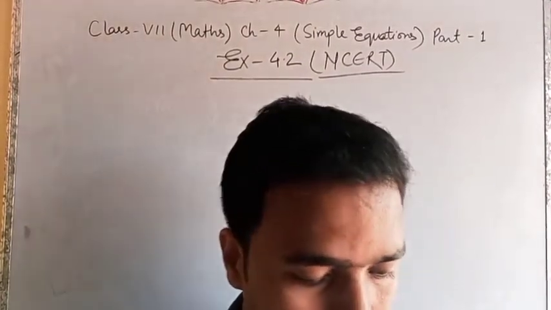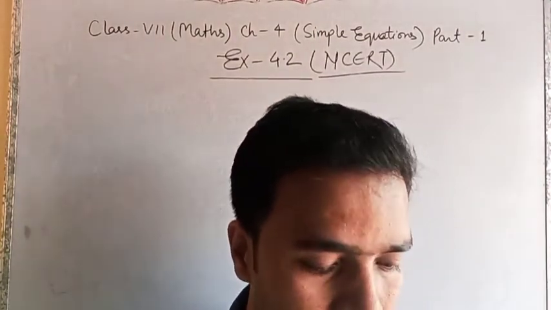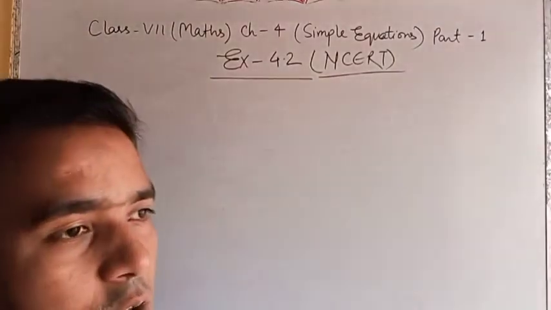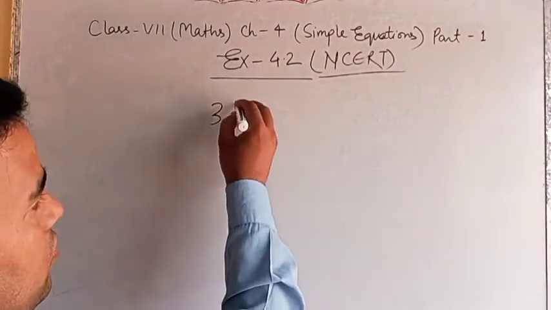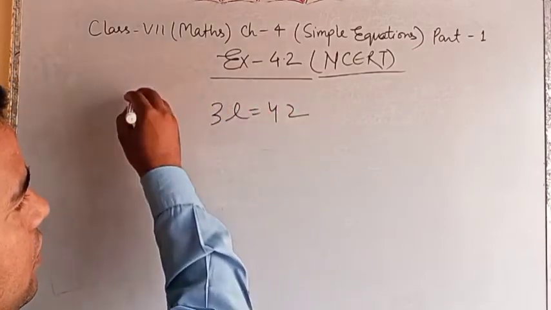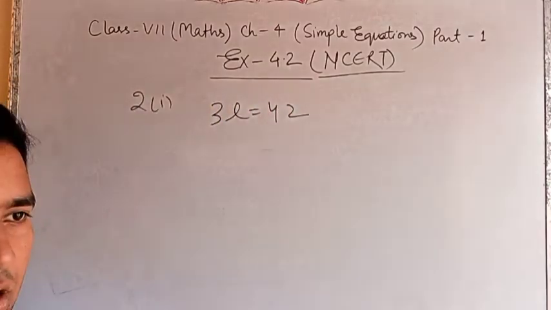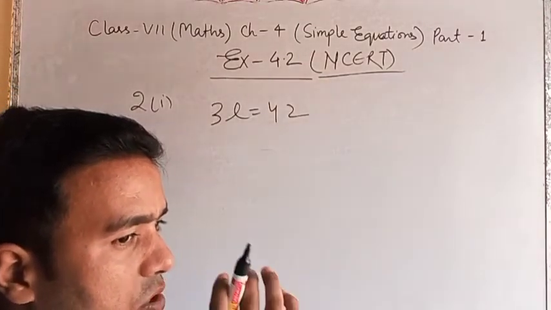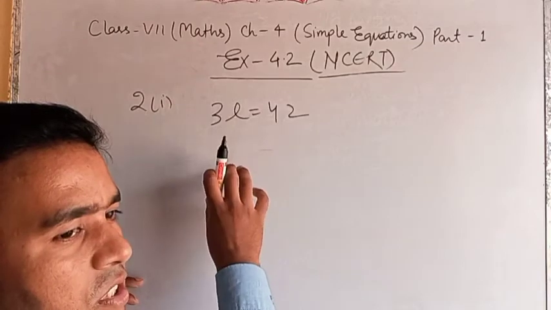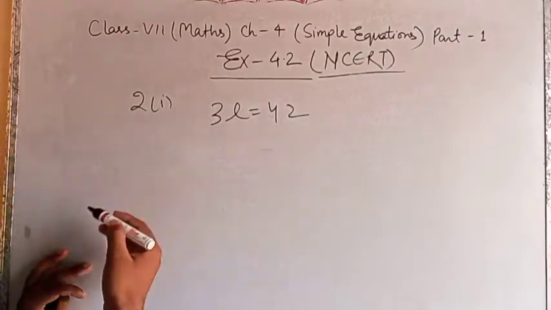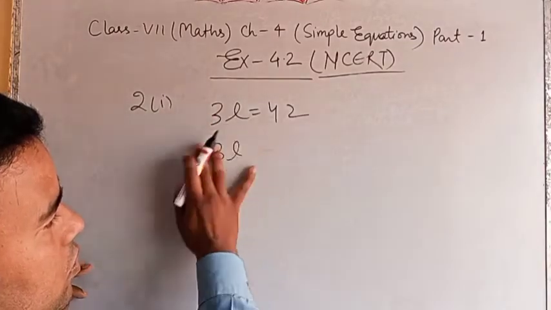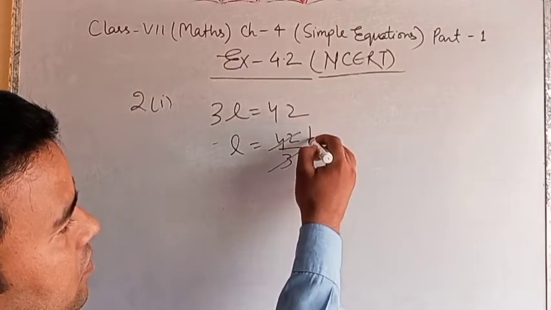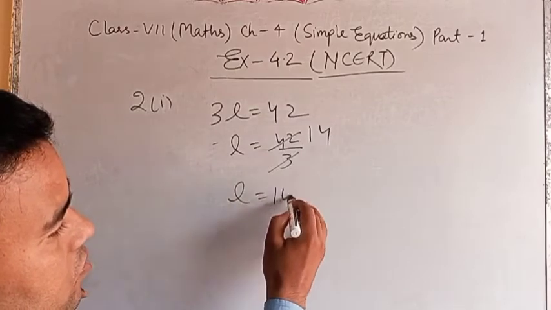Question number 2. Give first the step you will use to separate the variable and then solve the equation. 3l equal to 42. Second one, 3l equal to 42. Here it is the same as question number 1. You think, in L's place which number will you take? Clear? Suppose that you do not know, you can do it like this. L equal to 42 by 3. 3 ones are 3, 3 fours are 12, means 14.